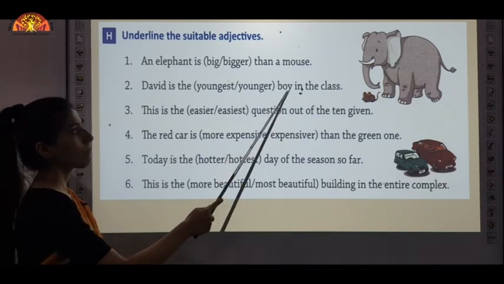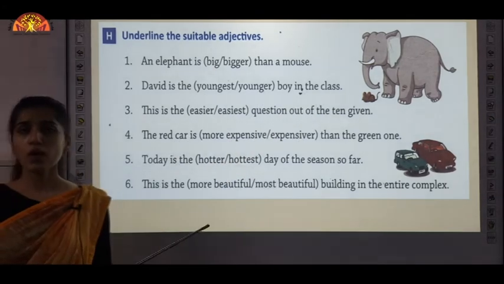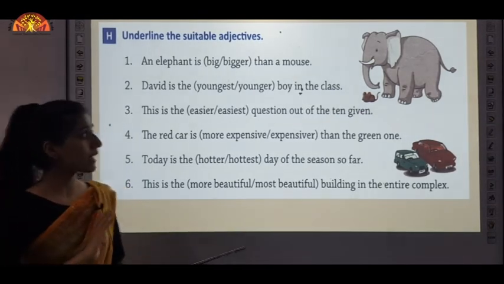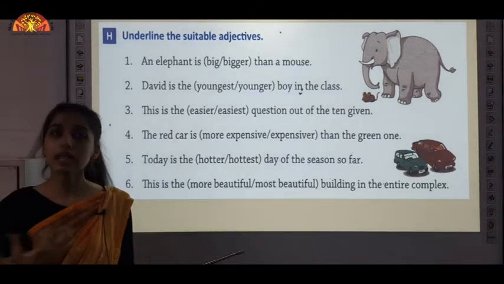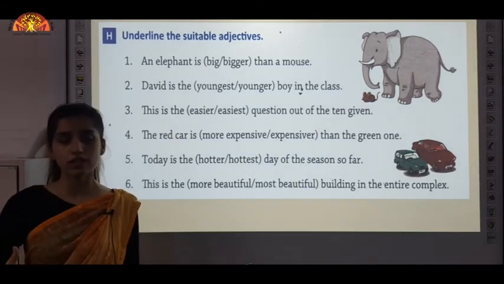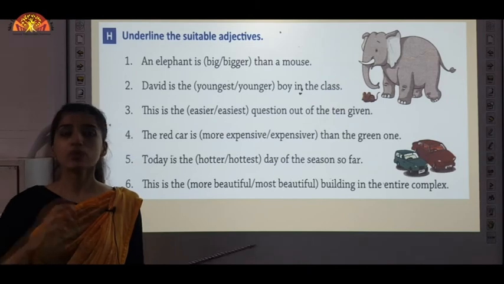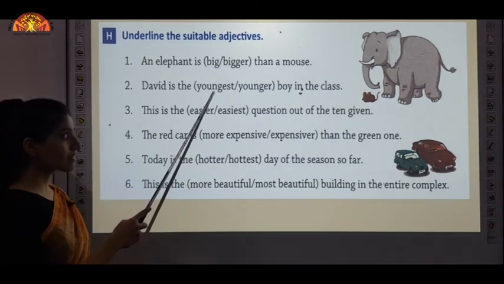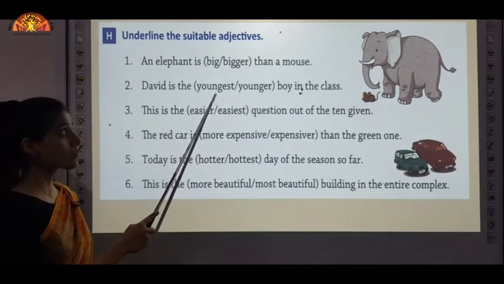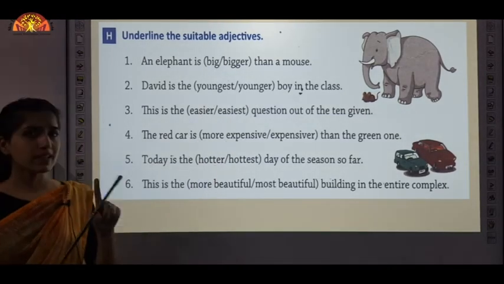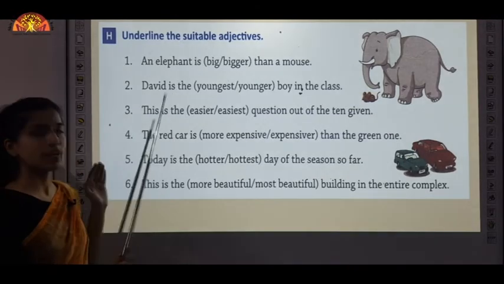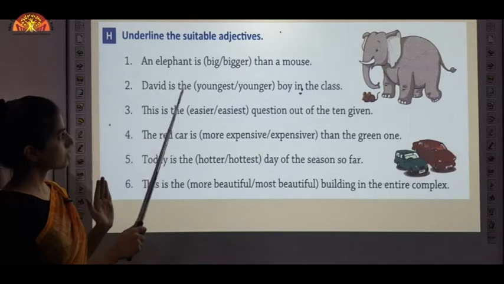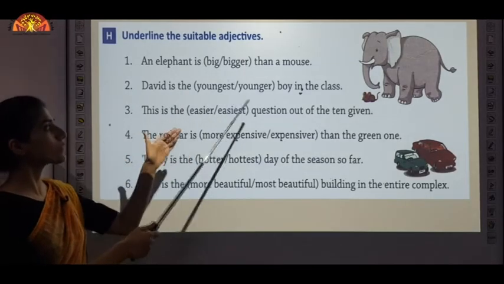Second: David is the youngest or younger boy in the class. Am I comparing two things or more than two things? I am comparing David with the whole class, that is more than two boys. So youngest will come, because one reason is also that the is used. If there is the before the degree, then you have to use the superlative degree.